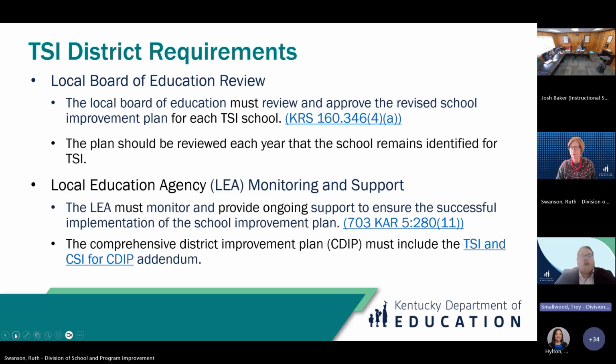The local education agency, or the district, is really tasked with the monitoring and support of TSI schools. You can see the KAR, the administrative regulation there that puts this into place, but they're there to ensure ongoing support and the successful implementation of the plan. Also, we'll talk about this in more detail later, but the CDIP must include the TSI and CSI addendum.